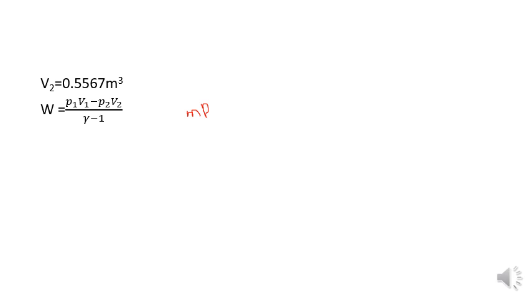W is equal to MR T1 minus T2 by gamma minus 1. So you can use this equation also.